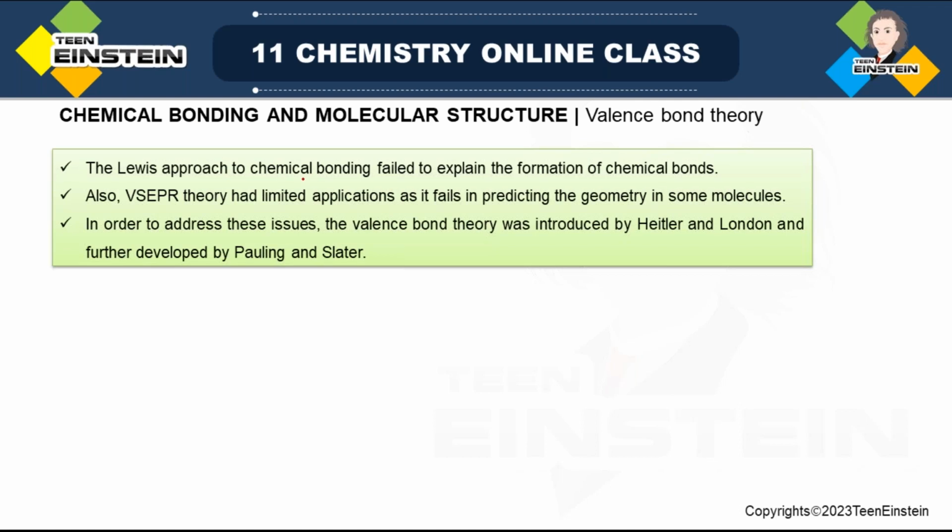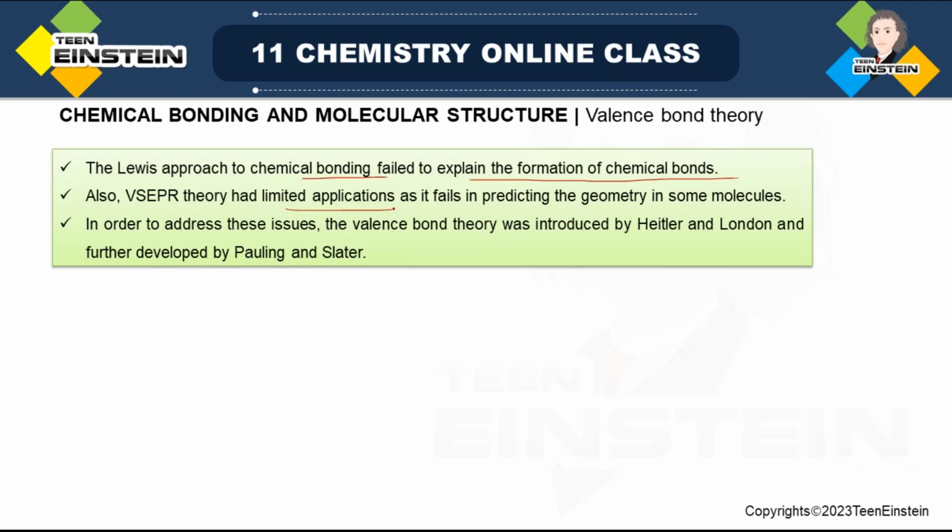So Lewis' approach to chemical bonding failed to explain the formation of chemical bonds. We have already seen the limitations. And also, VSEPR theory has limited applications, because when we discussed the limitations in the last class, remember, it is mainly applicable for p-block elements. Whatever examples you see of structure determination in any book, in most of them the central atom is from the p-block.